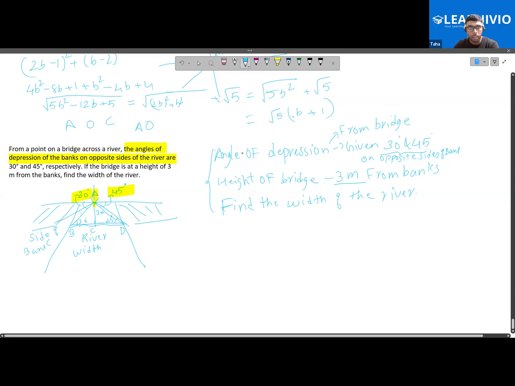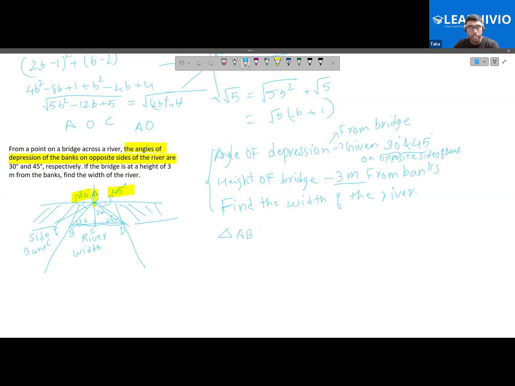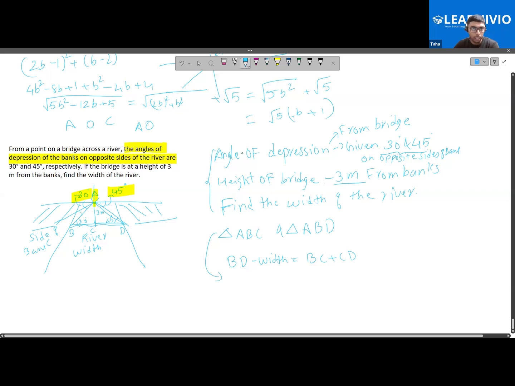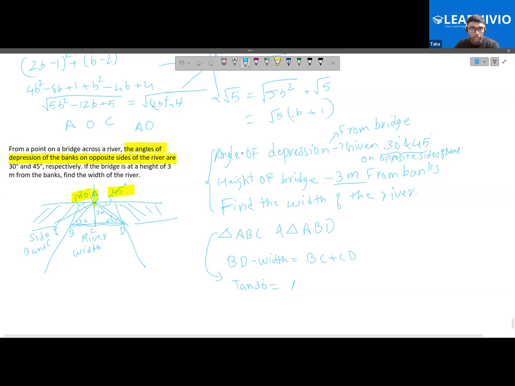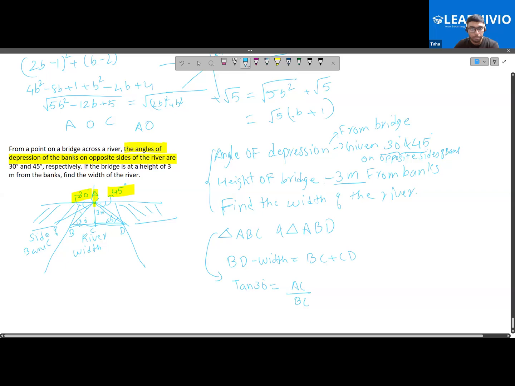All right, so we have triangle ABC and triangle ABD, and the width BD equals BC plus CD. So in triangle ABC, we will use tan 30. Tan 30 is equal to AC upon BC. Tan 30 is 1 by root 3.